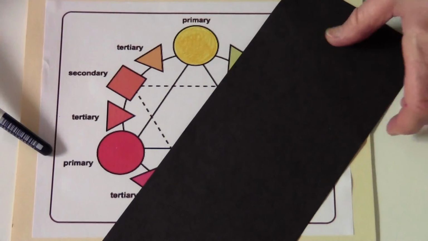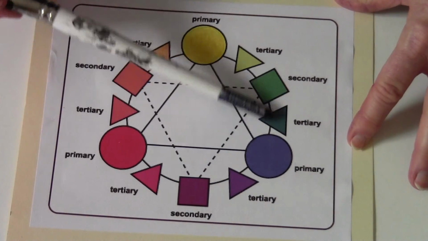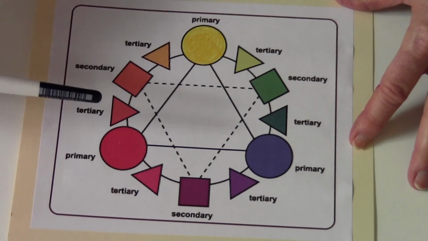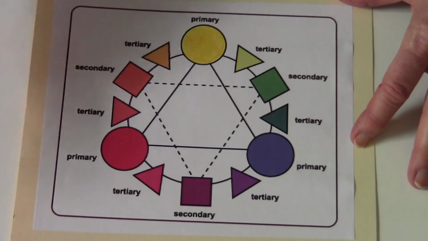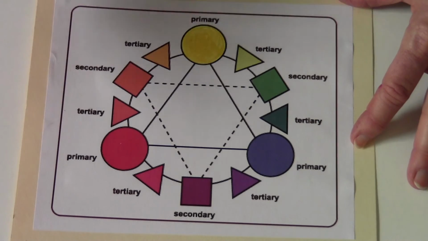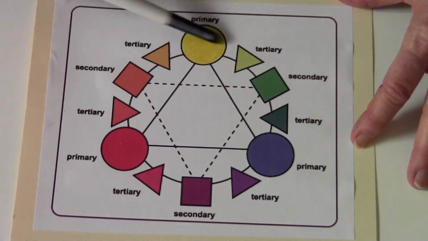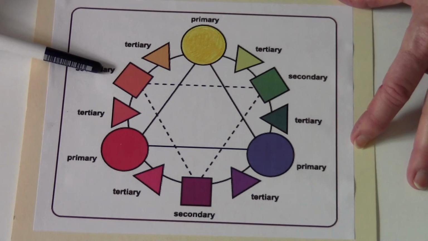You're going to choose which side you prefer. Some people like warm colors, some people like cool colors. You're going to pick either a warm side or a cool side to create your color spectrum using warm or cool colors. Now, if I were using the entire color wheel, I would be calling that color spectrum by itself.